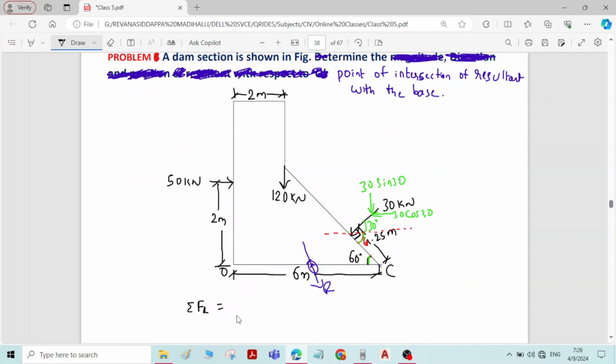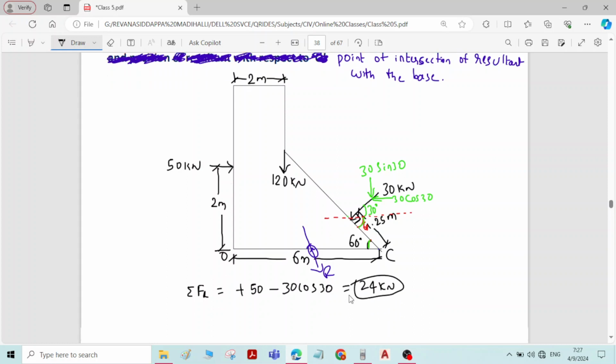Here we have the 50 kilonewton force acting in the right direction, plus 50, and 30 cos 30 is acting in the left direction, minus 30 cos 30. Only two horizontal forces are there. The answer is 24 kilonewton.